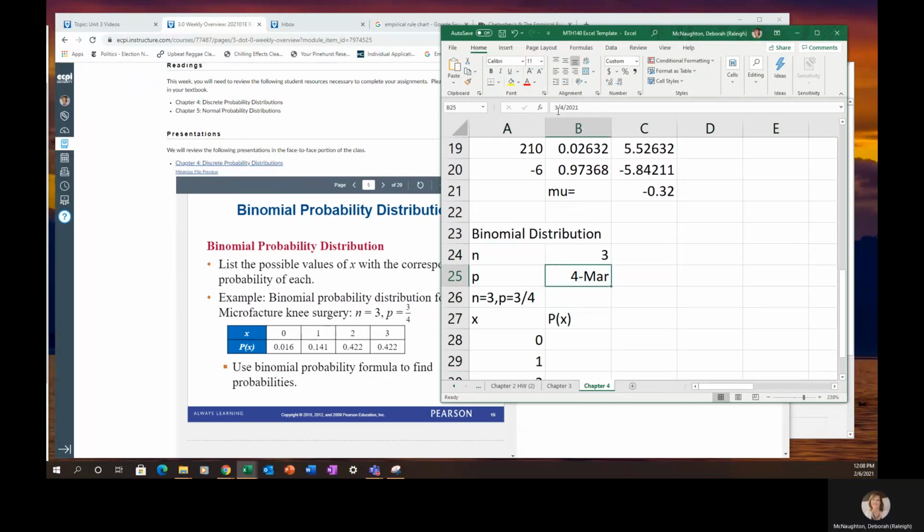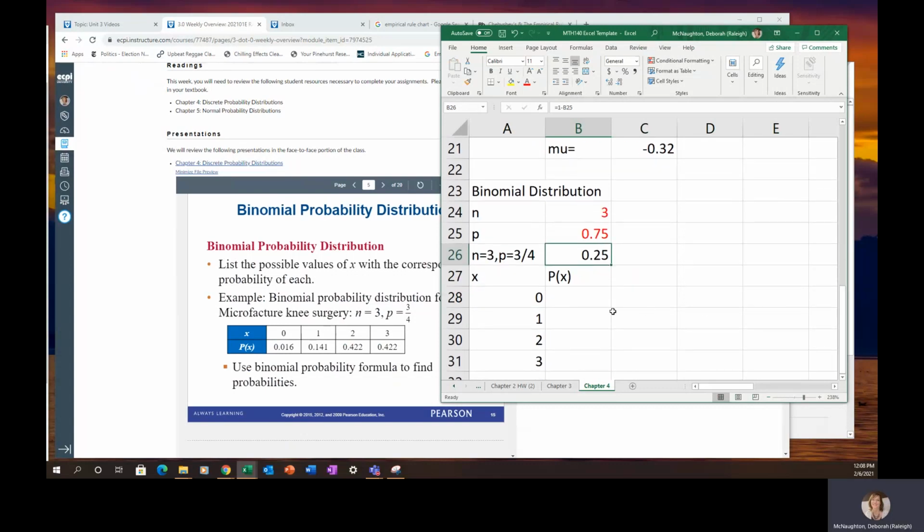Doesn't like it. Otherwise it keeps trying to make it a date, to fix that you have to go equals 3/4. I think that'll fix it. There we go. And then Q is 1 minus P. Okay, so we put these two things in. So I'm just going to make those red. All right. And then Q is calculated.